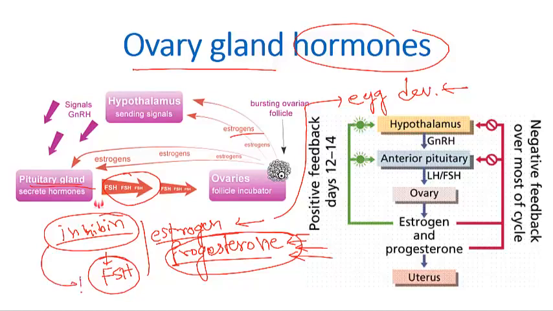So inhibin can actually inhibit the release of follicle stimulating hormone, and by doing so it blocks the production of estrogen and progesterone when it's not required. Okay, and the presence of estrogen and progesterone is very important because based on the concentration of progesterone and estrogen, the female body is modified for different types of changes that are required during the pregnancy.